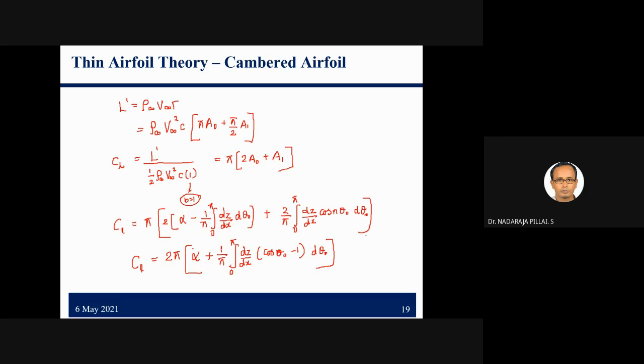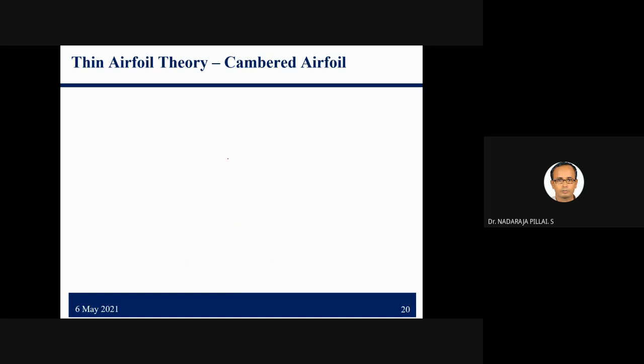So now if you calculate the lift curve slope, that is dCl by d alpha, that is equal to 2 pi. I hope you remember the expression for dCl by d alpha. So, lift curve slope, that is dCl by d alpha, that is equal to 2 pi.